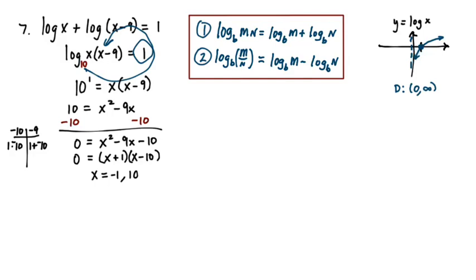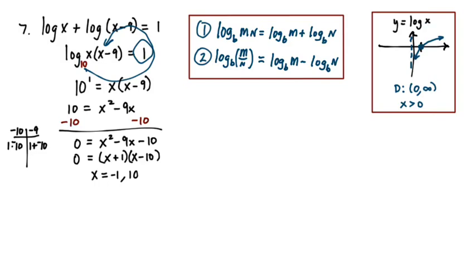So what does it really mean when we say the domain is 0 to infinity, not counting 0? Really that means x is greater than 0. So the value that we're taking the log of can't be negative. It can't be 0. It's got to be a number that's positive.